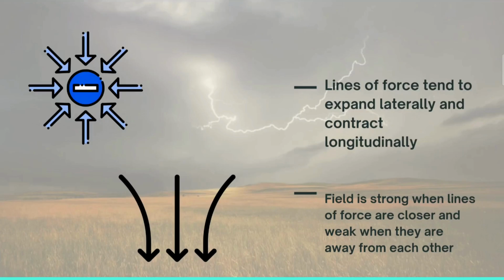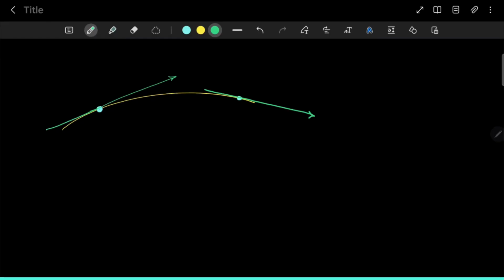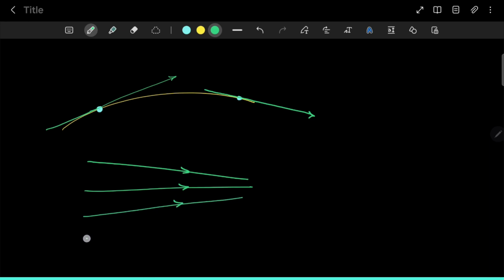Let us do a small example. Suppose there are a few electric field lines in this way. Here the electric field is EA, and here the electric field is EB.